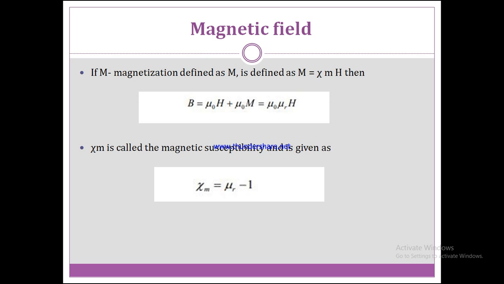Now from that magnetic field we can find out the amount of magnetization as well as the magnetic susceptibility, by which the magnetic material depends upon the magnetic dipoles.